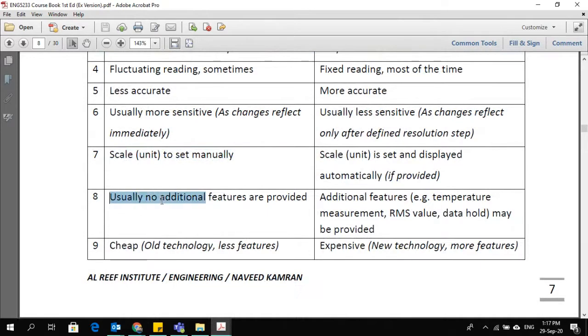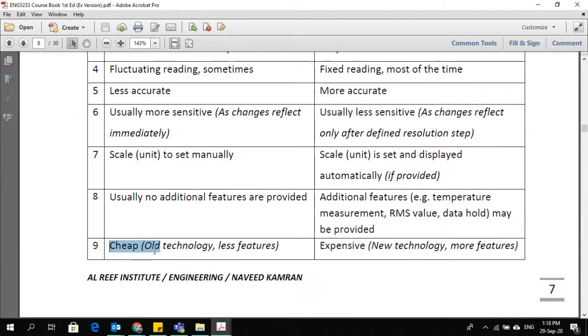Analog usually doesn't offer any additional features, but in digital, as the technology is progressing, they are giving more and more additional features like temperature measurement, root mean square value, and data hold. Data hold means if the reading is fluctuating, you can press the hold button so that it shows you a fixed reading on the screen so that it is easy for reading. So digital can provide additional features.